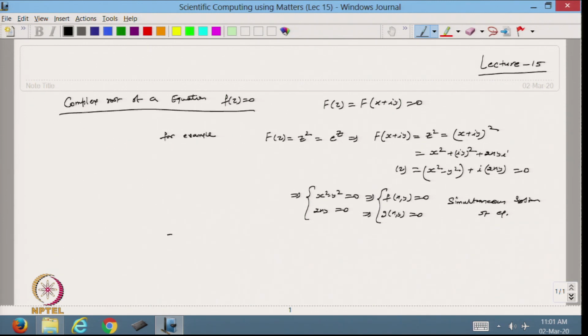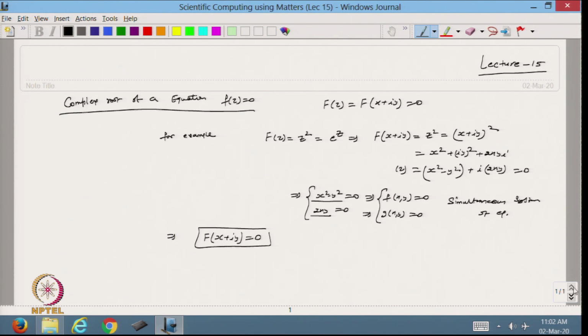So I will get the values of x and y which satisfy this relation, and I will substitute back, so that I get the value of x and y such that this is equal to 0. That is the way we can solve the system of equations.